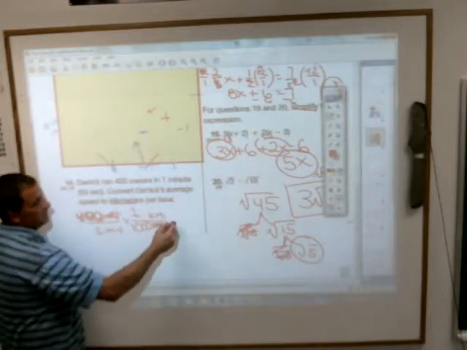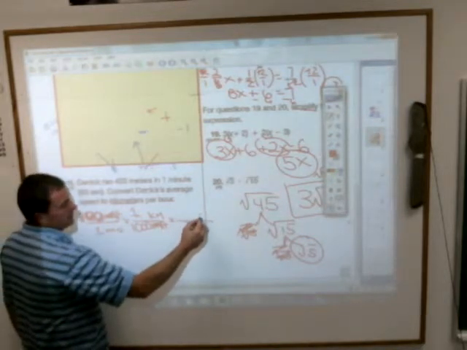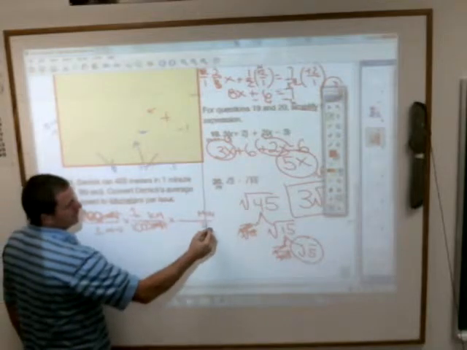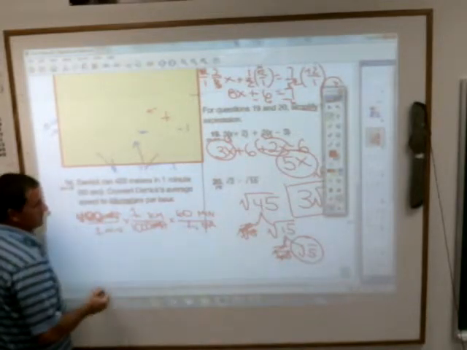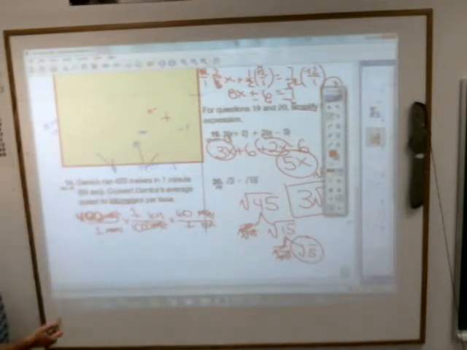So right now I have changed this into kilometers per minute. Now I just need to use one more unit multiplier to change this minute into hours. Minute has to go on the bottom, so it crosses off here. Hours have to go on the top. There are 60 minutes in 1 hour. So I have now actually done it. I just need to do the math stuff.